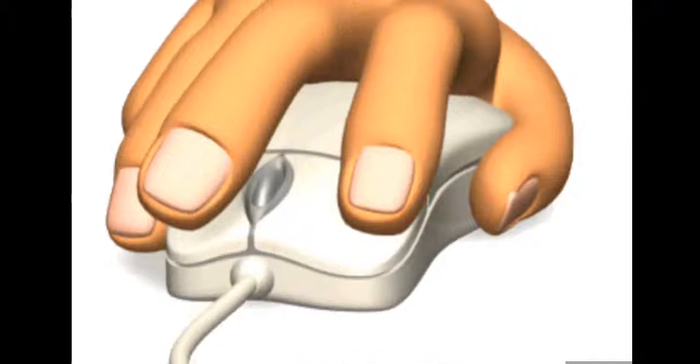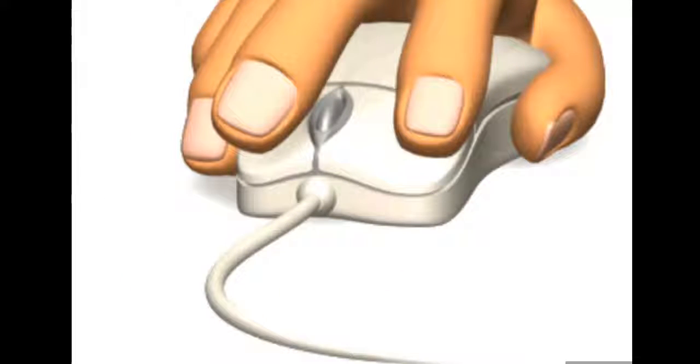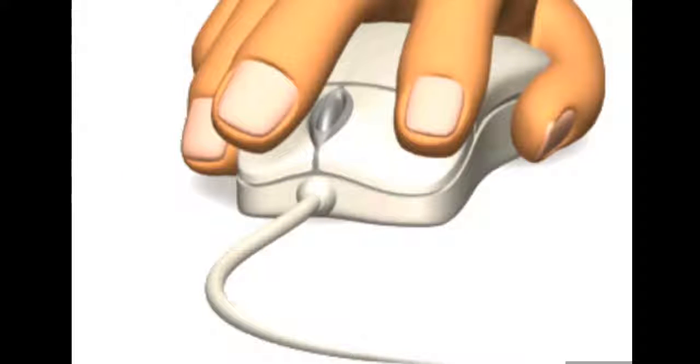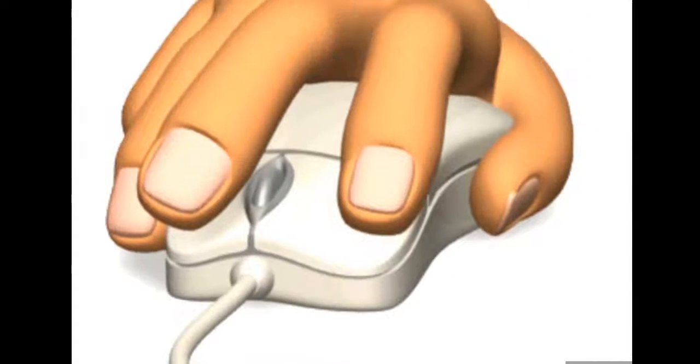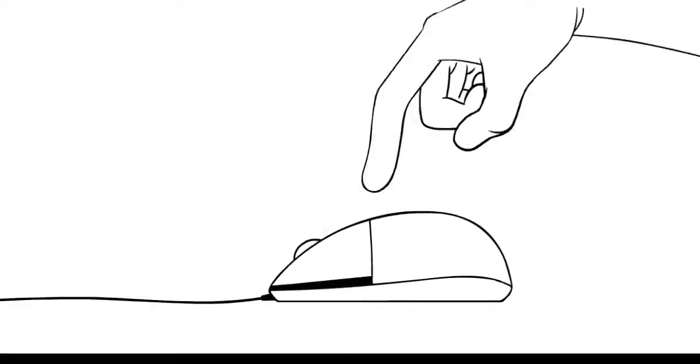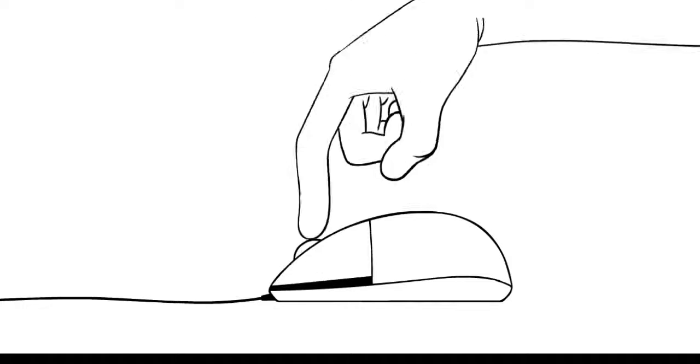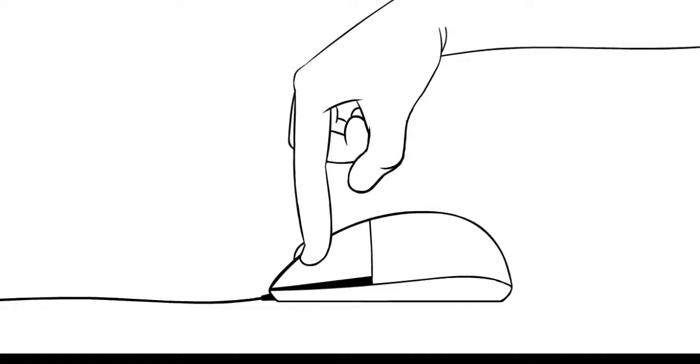The movement of the ball on its underside is converted into data which is sent to the CPU through a cable. It then shows where we are currently working on the screen or points to a location on the screen. Hence the mouse is also known as a pointing device.